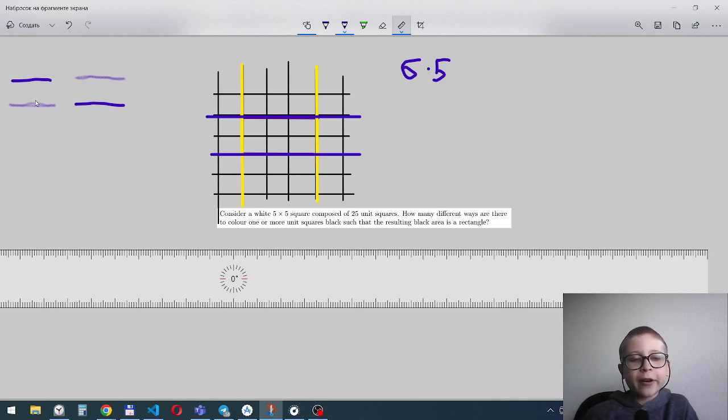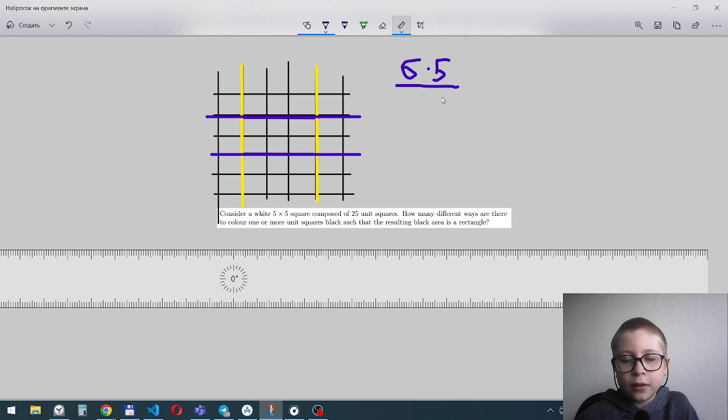However, here the order is different, and for us they are the same set, and we don't need to count it twice. However, the way we count it, this set and this set are two different sets, and we don't want that. So to prevent that, we need to divide the whole thing by 2.